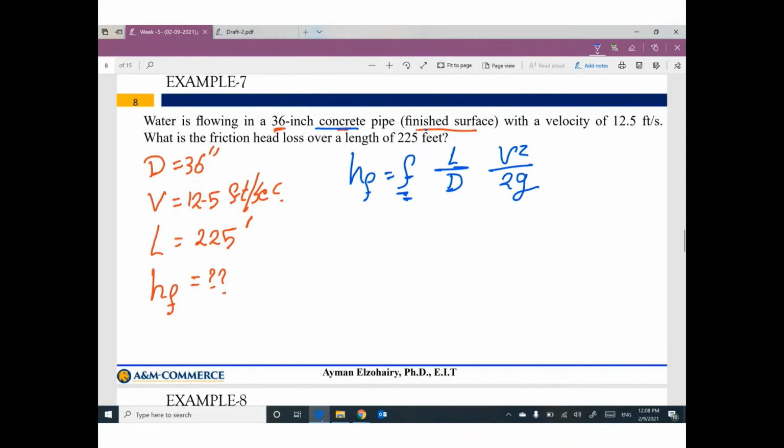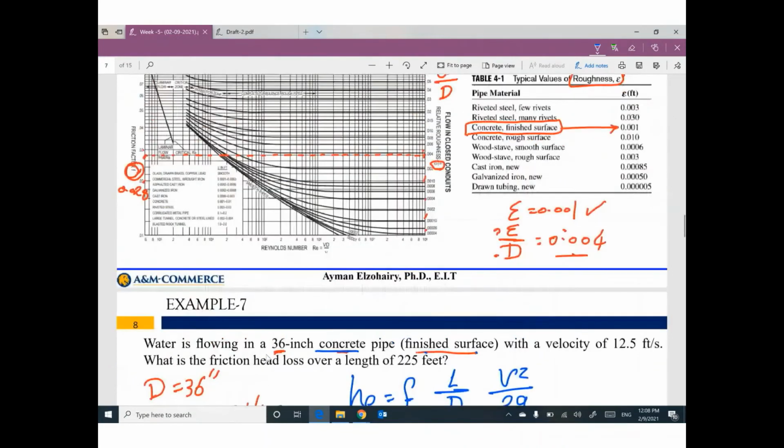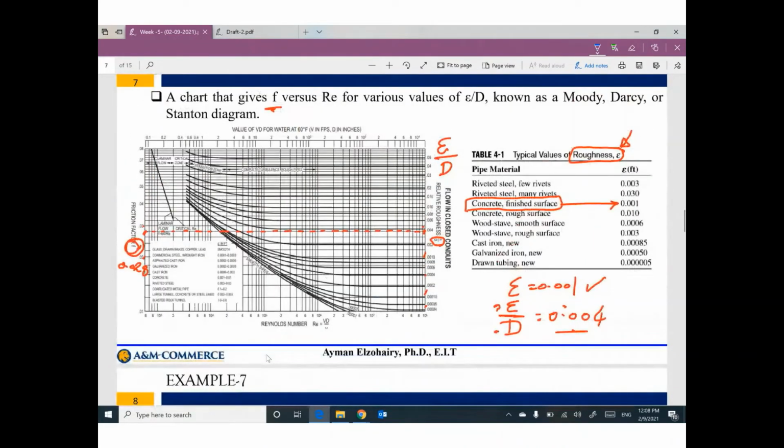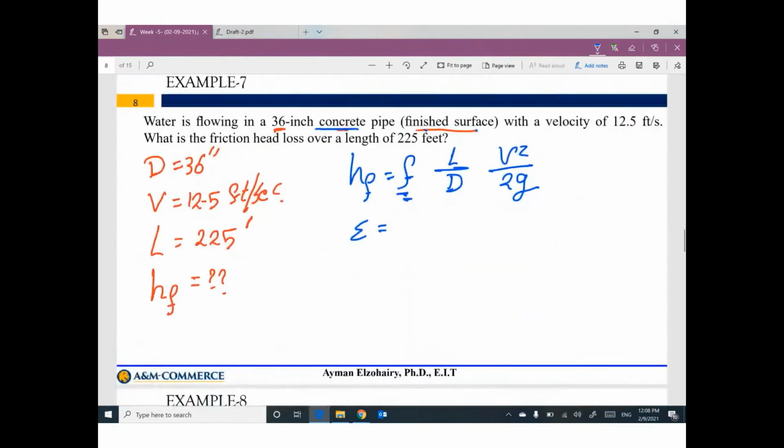Concrete with finished surface. So what is the roughness? Go back to this table. Concrete with finished surface, the value of roughness is 0.001. What is the roughness divided by diameter? 0.001 divided by diameter 36.